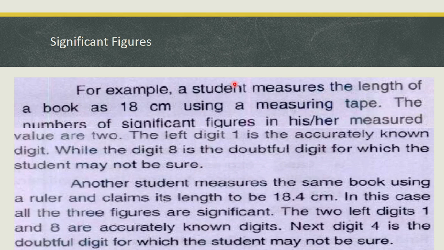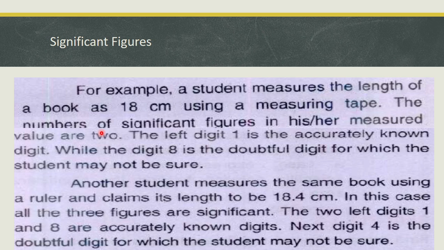For example, a student measures the length of a book as 18 centimeter using a measuring tape. The measuring tape is a length measuring instrument. The number of significant figures in his or her measurement will be 2.